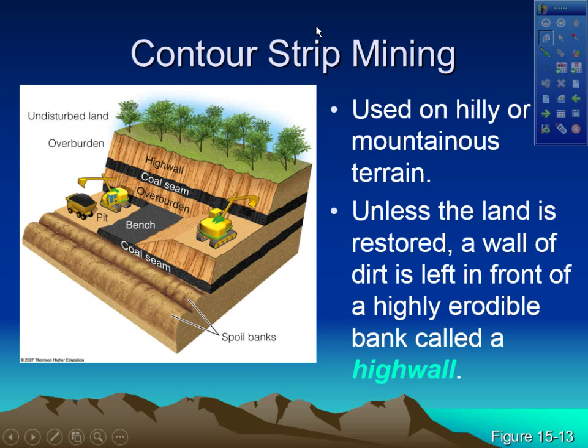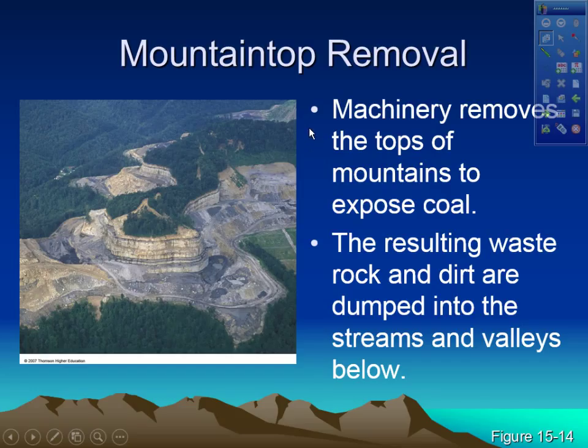Okay, so mountaintop removal is literally cutting off the tops, with machinery removing the tops of mountains to expose the coal. You dump all that waste into the streams and the valleys below.